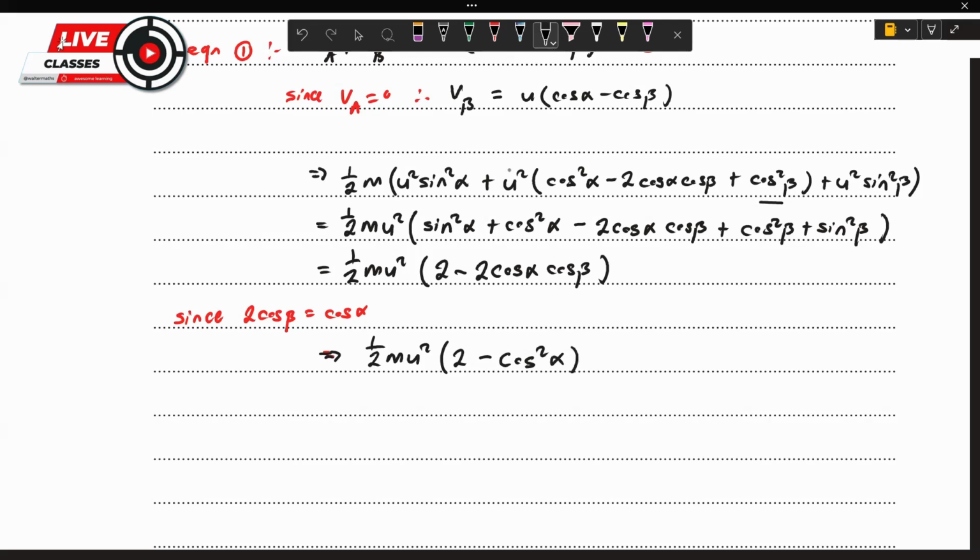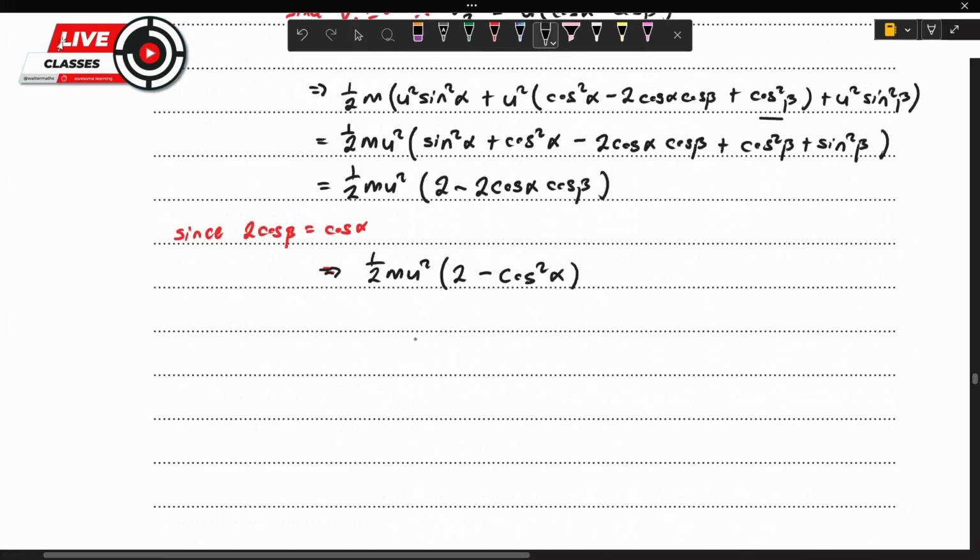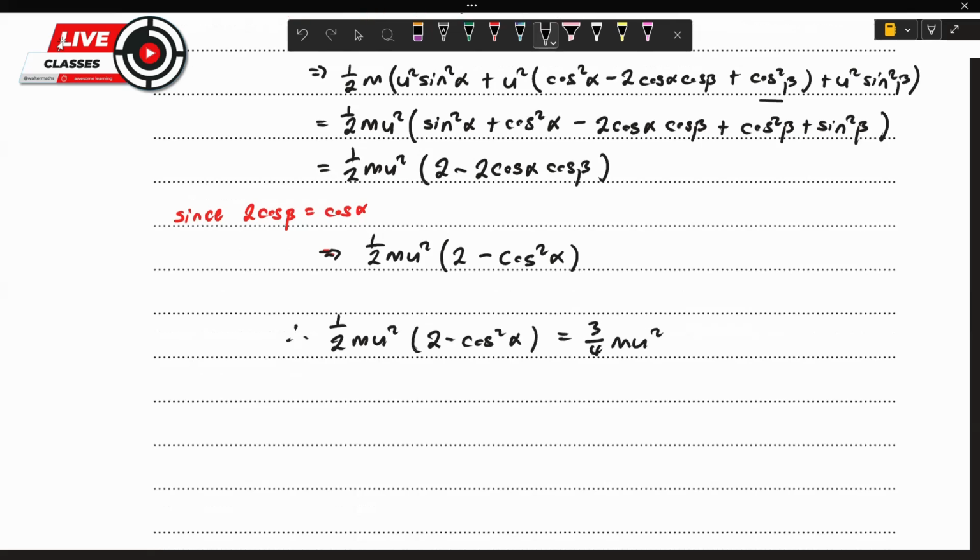All right. So we are being told that the total kinetic energy after collision is 3/4 mu squared. So we're going to say, therefore, half mu squared of 2 minus cos squared alpha should therefore be equal to 3/4 mu squared.